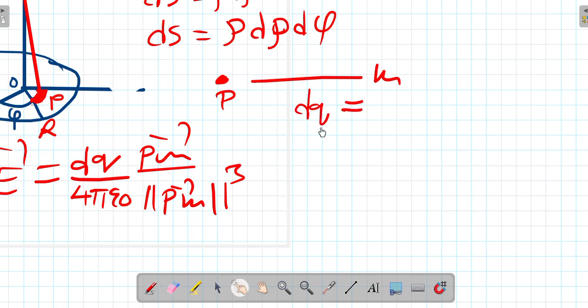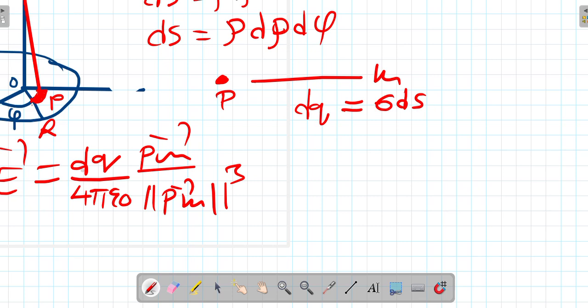As usual, this is a continuous distribution of charges. Since this is a surface, dq is equal to the surface density sigma multiplied by ds. Whenever you have a surface distribution of charges, you look for your surface density sigma and multiply by ds.